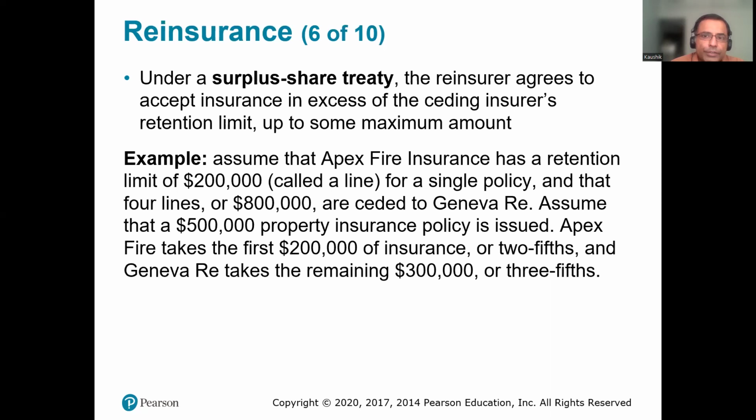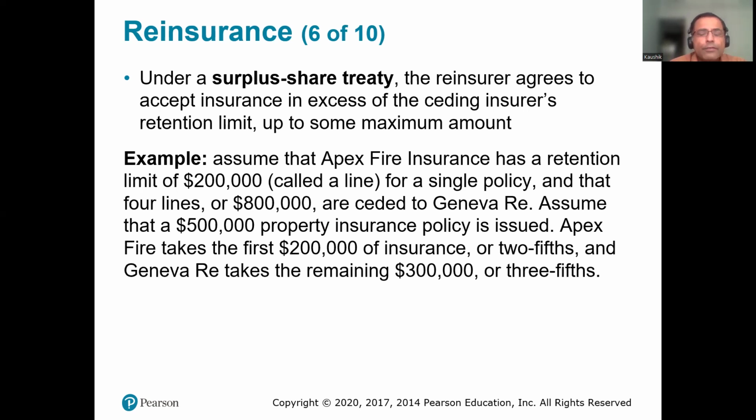In a surplus share treaty, the reinsurer agrees to accept reinsurance in excess of the ceding company's retention. If you look at the example here, the ceding company is Apex Fire, which can provide insurance up to 200,000 for a single policy. The rest, 800,000, is provided by Geneva.